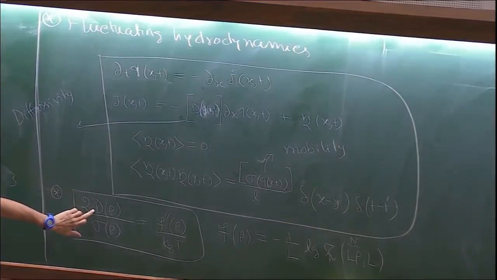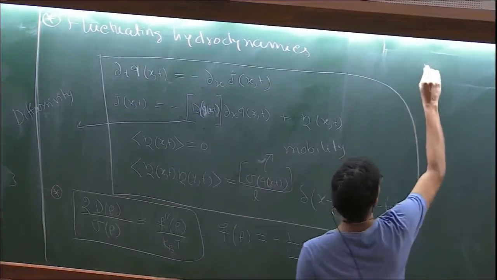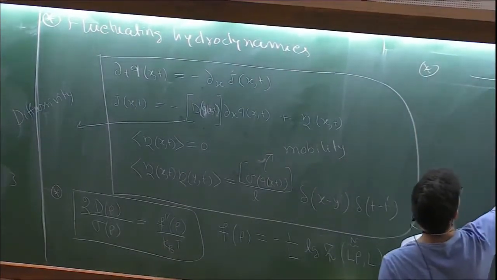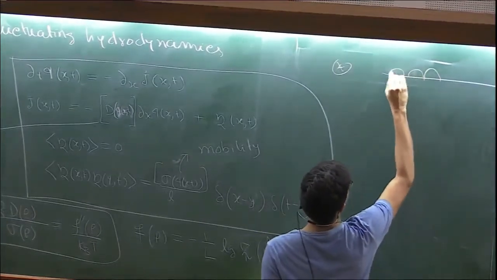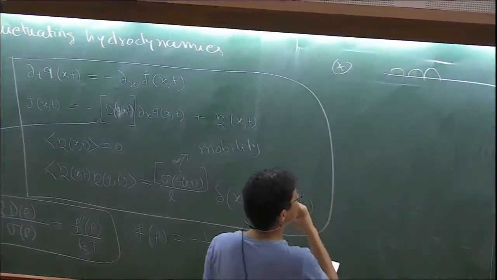Okay. So just a simple example: if you take a system of non-interacting particles jumping on this lattice, then one could very easily show it.